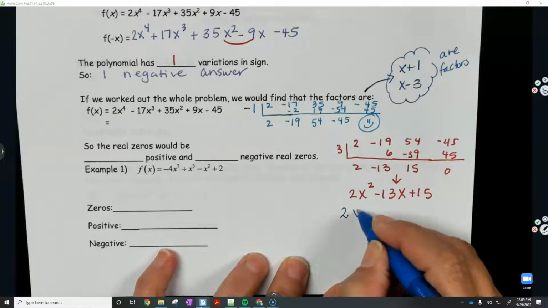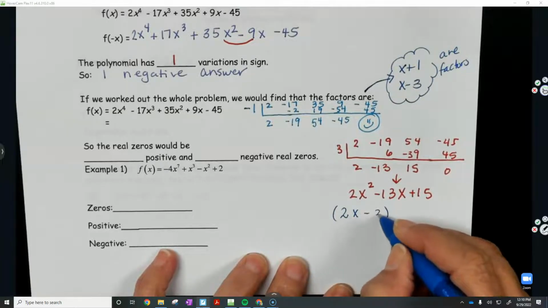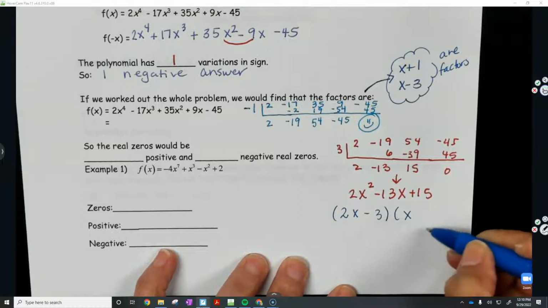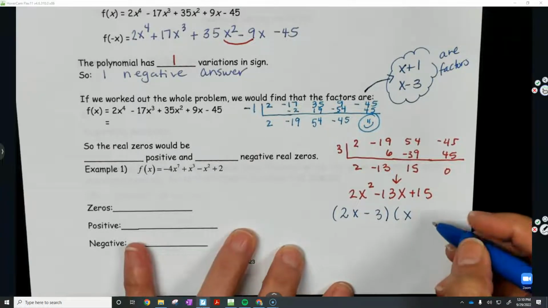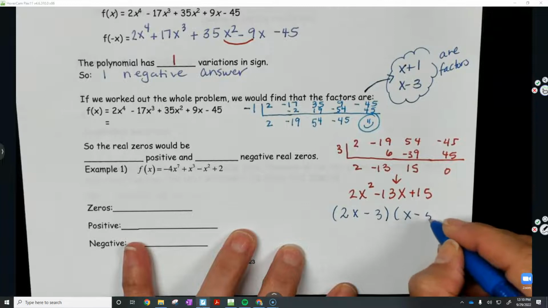Guys, what are the factors of this? The one with the 5 is a -2, x minus 5? They're both minus. Okay, good.